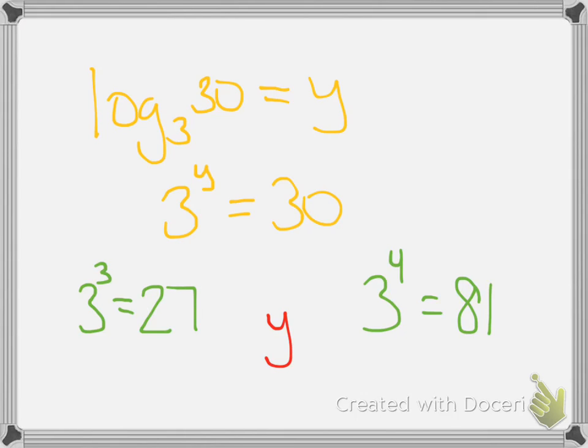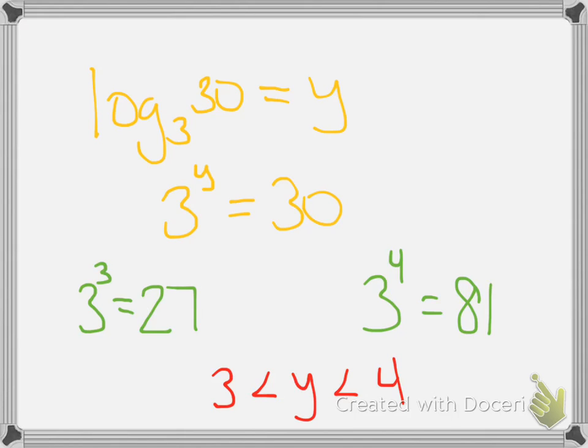Let me rewrite this mess. Hold on. So I know that y is trapped somewhere between 3 and 4, because if I put 3 for y, it's too small. If I put 4 for y, my answer is too big. And so y has to be somewhere between 3 and 4, although it's going to be closer to 3, because 30 is closer to 27 than it is to 81.